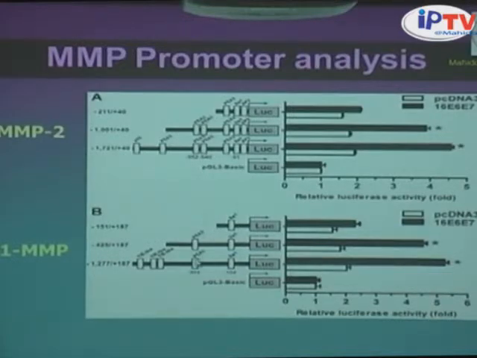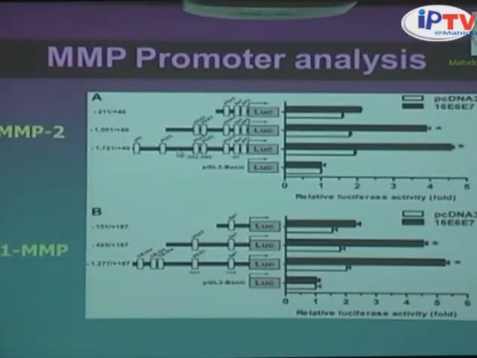But when you delete the first group of transcription factors, you see no effect. But when you delete the second group containing PEA3, you see a dramatic drop of the activity, meaning that PEA3 here should be responsible for the virus activity.